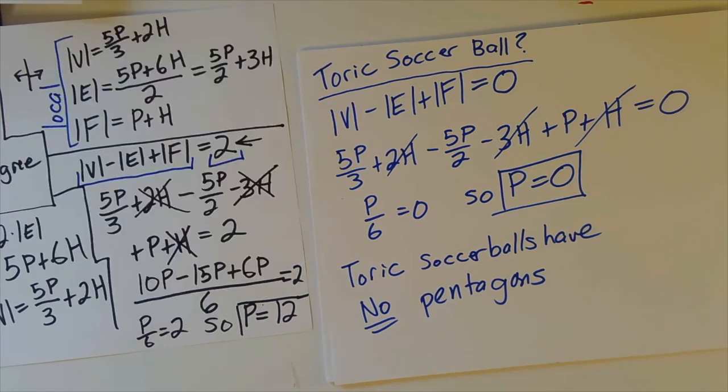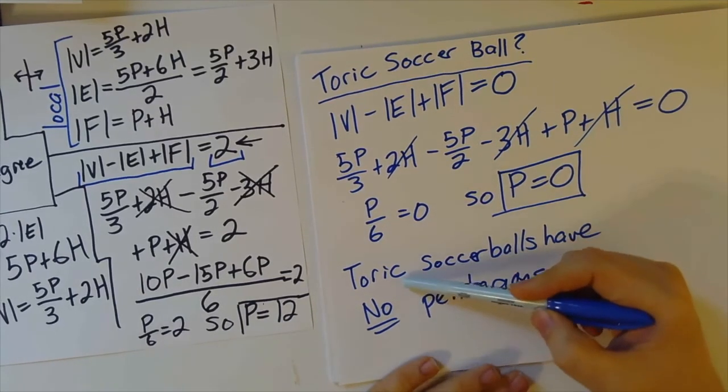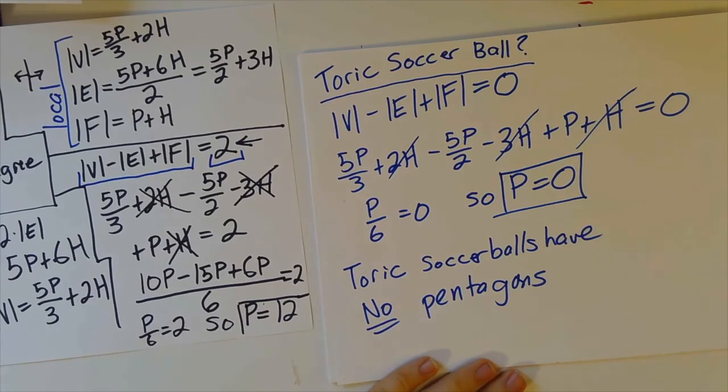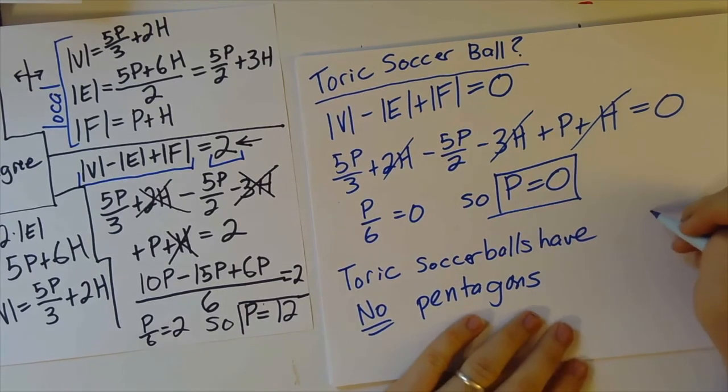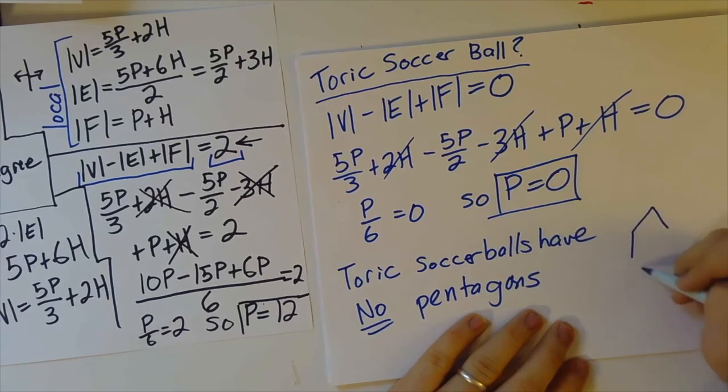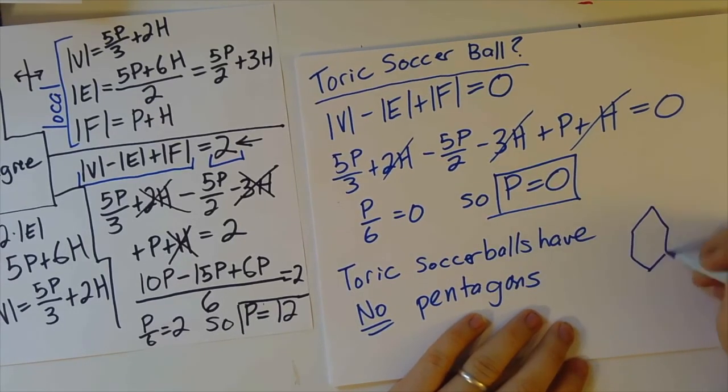Now, I want to point out you very definitely can make a soccer ball out of just hexagons on a torus. And the reason for that is that if you picture hexagons, well, hexagons are one of the very small number of shapes that can tile the plane.